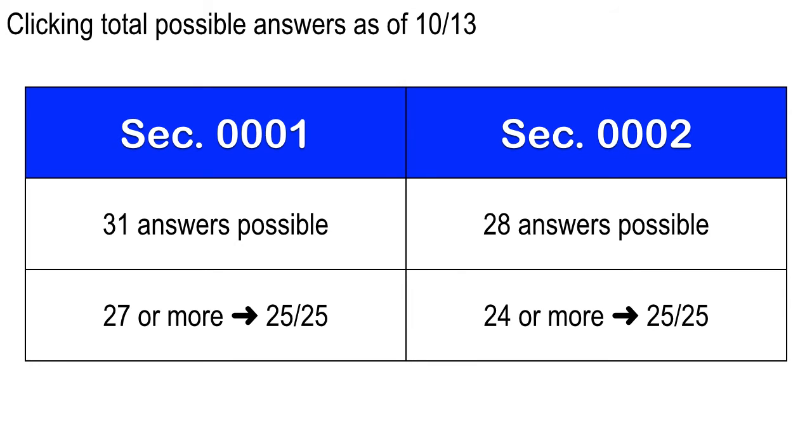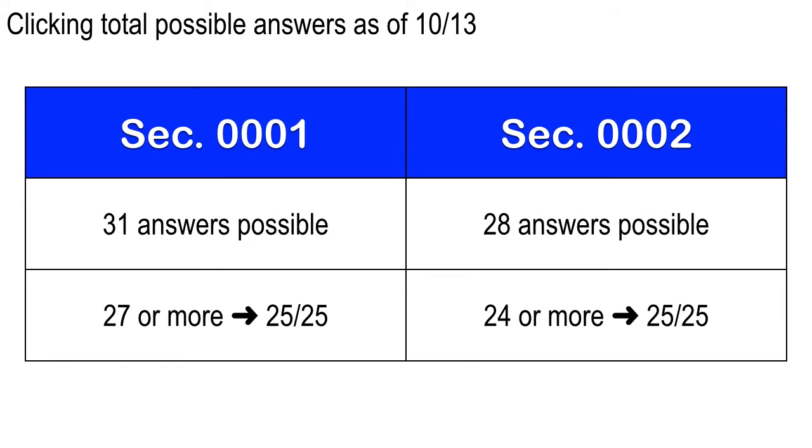That is the performance criterion for class participation. So for Section 1, you had 31 possible. That means 85% is 27 or more. And if you do, you have 25 out of 25 for that part of your semester grade.